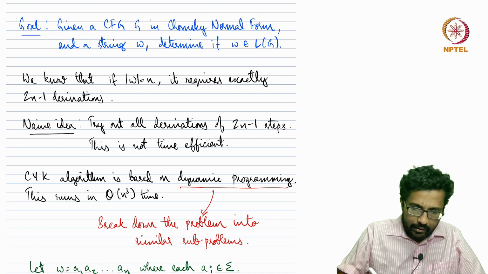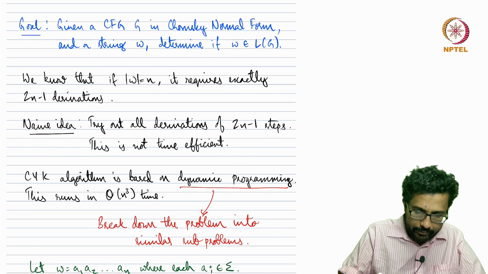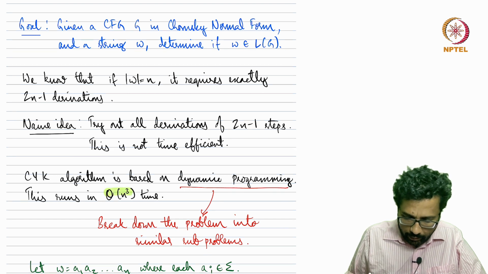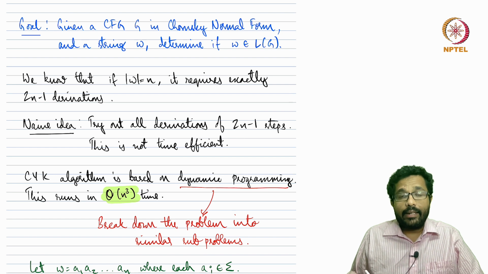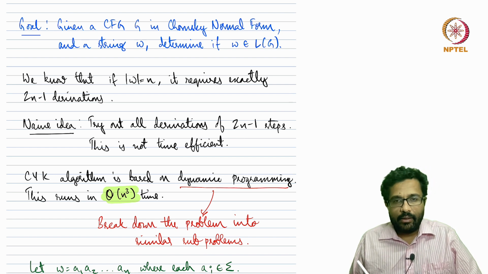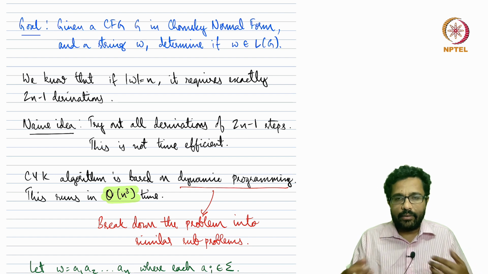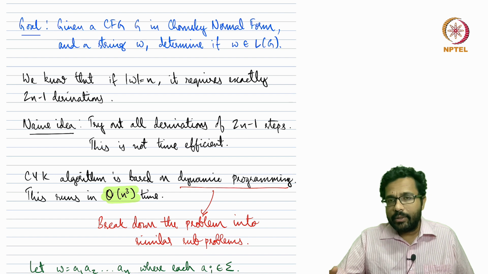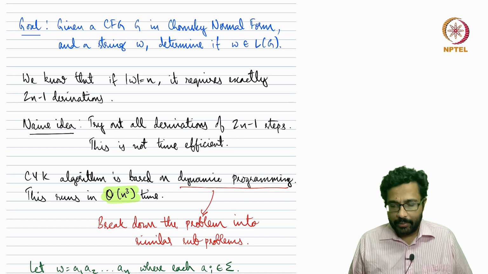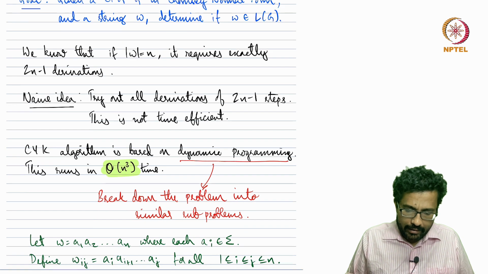This dynamic programming based algorithm runs in theta n cubed time, where n is the length of the input string. The typical assumption is that the grammar is fixed and you are given different strings, and one needs to understand whether each string can be derived from the grammar. So let's see the algorithm.